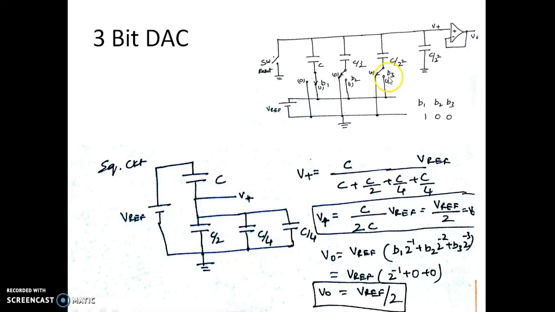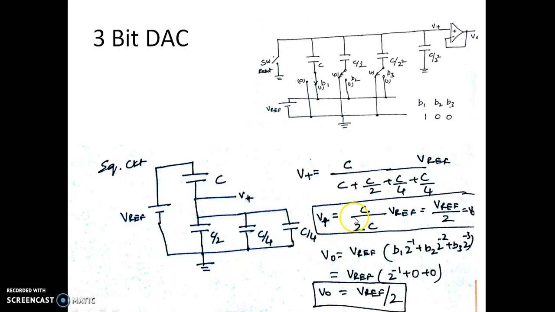Assume that I'm making only B3 as 1 and these two are 0 0. When B3 is 1, we have this CR as C by 4. So this will be C by 4 and this will be 2C. So you have C by 4 divided by 2C, where C and C will cancel out.